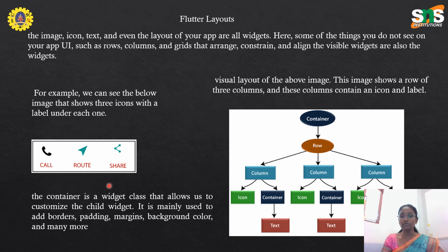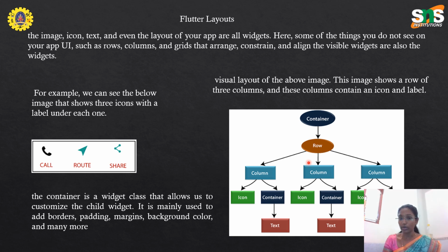Container widgets are created through the child widgets. Child dot container, you will see on the last screen. You have to check there, child dot container. It is used for the border, padding, margin and background colors on your screen. The visual layout above shows how the container will be placed on your screen.